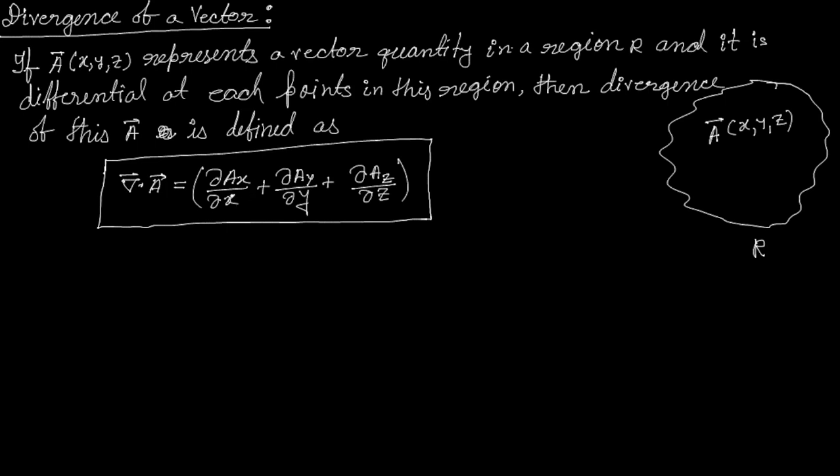First, we take the partial derivative of the x component of this vector with respect to x. Then we take the partial derivative of the y component with respect to y, and then the partial derivative of the z component with respect to z, and then we add them together, and that will give us the divergence of this vector. Okay, now that we know how to write this divergence, we have to understand what it represents.